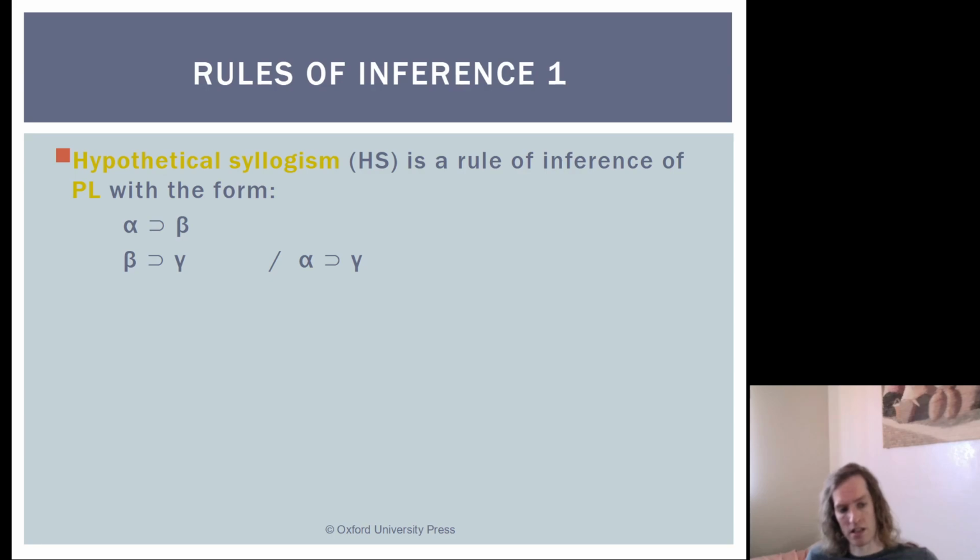So this just lets us smash two conditional statements together: if one conditional statement has a consequent that is identical to the antecedent in another conditional statement, then we can take the antecedent from the first conditional statement and connect it to the consequent of the second conditional statement using a horseshoe.